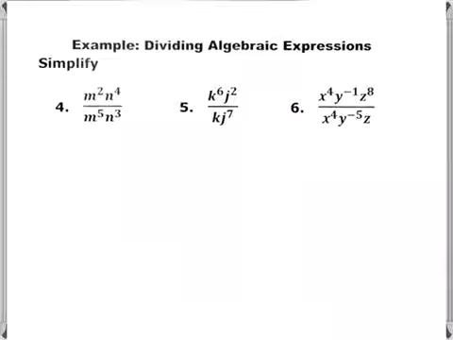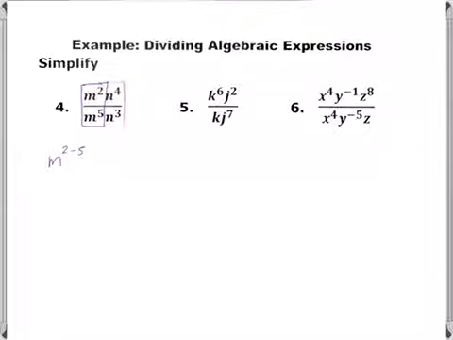So we have m squared n to the 4th and m to the 5th, n to the 3rd. So we've got m squared, n to the 4th on top, m to the 5th, n to the 3rd on the bottom. So we'll start with the m's. We're going to take 2 minus 5.